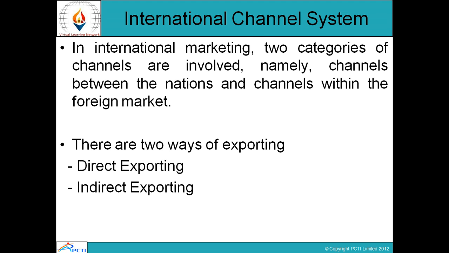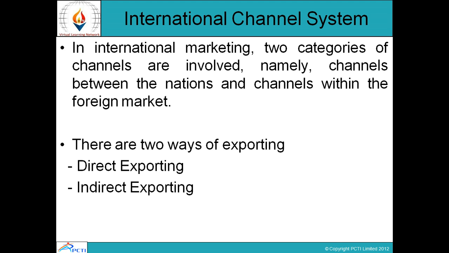When we talk about the international channel system in marketing, there are two categories of channels. The first one is the channel between nations and the other is the channel within the foreign market. The international distribution system consists of two subsystems, mainly the domestic segment and the foreign segment.